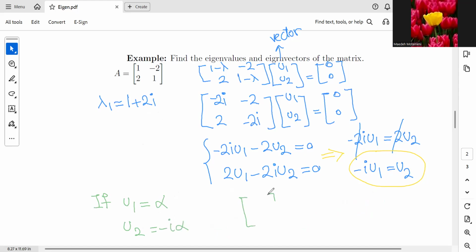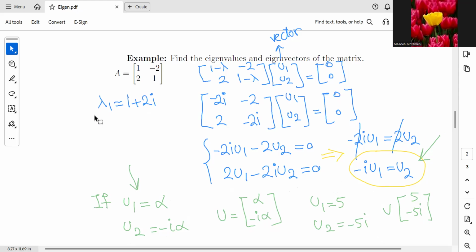And this is also correct. V will be the first component alpha, the second component negative I alpha. So let's say another person wants to pick v sub 1 as 5. V sub 2 will be negative 5i, and v will be 5 and negative 5i. This is also correct. So overall, it all depends on the picking that you have here and also the relationship that we have.